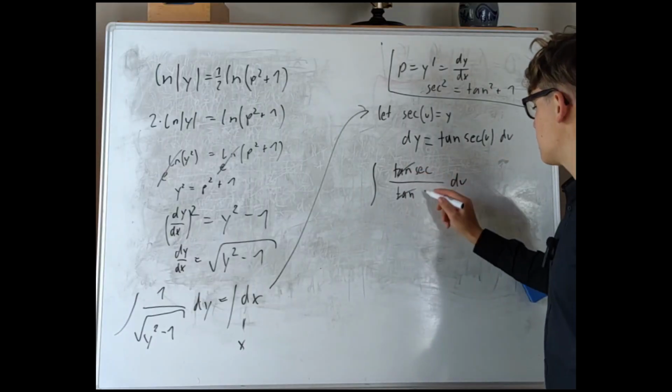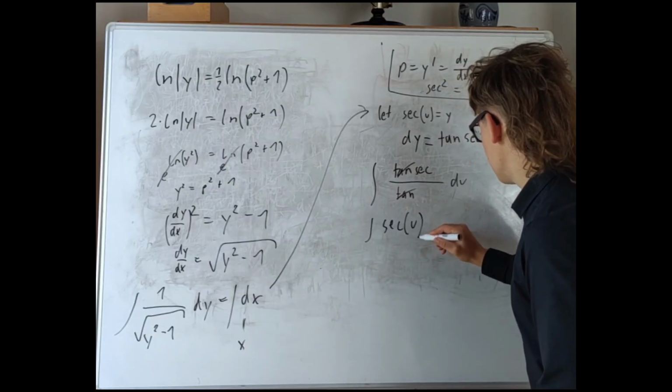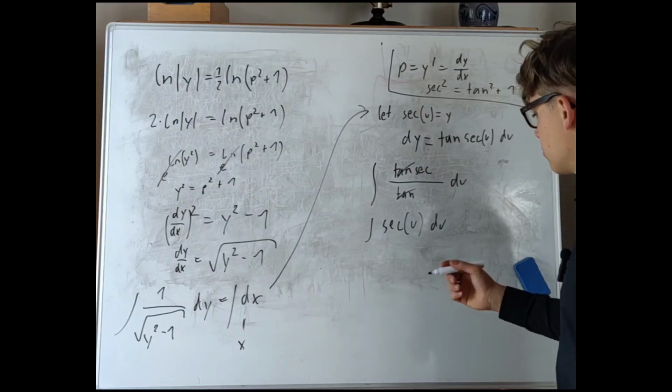And of course tan and tan cancel, so we just get the integral of secant of u du. Now you might know how to solve this, but I'm just gonna do it real quick.